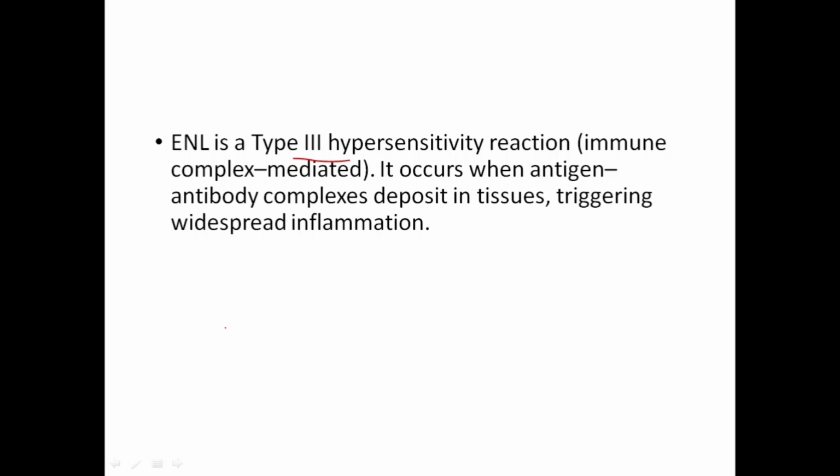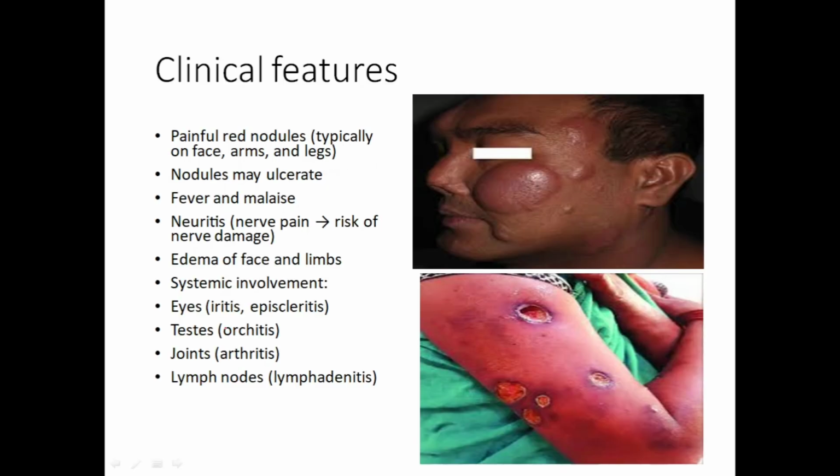So when a mycobacterium antigen gets into the body, it stimulates antibodies. So the antigen plus the antibody now forms a complex. This complex now deposits in various tissues of the body. It could be the skin, and what would happen, this will result in inflammation, and the inflammatory process will present as those reddish roundish lesions on the skin.